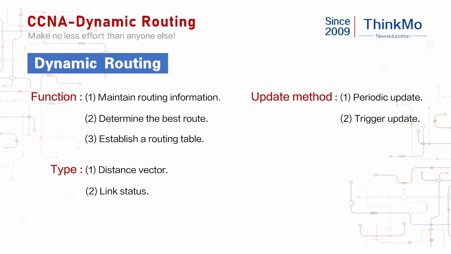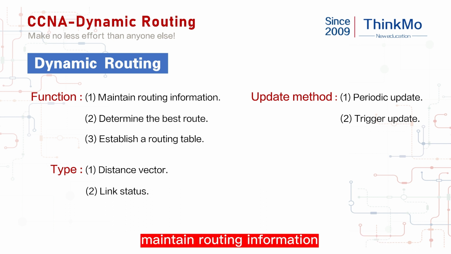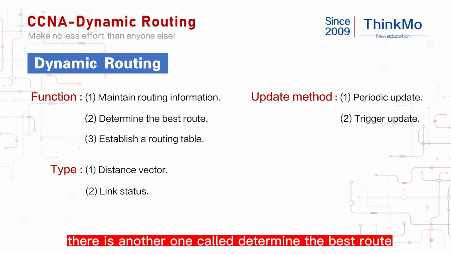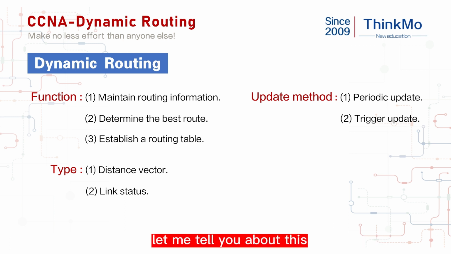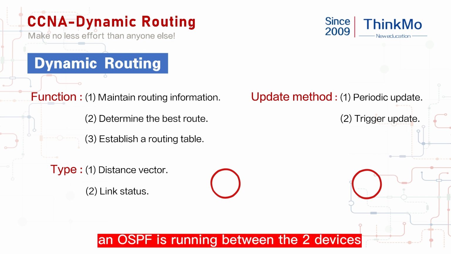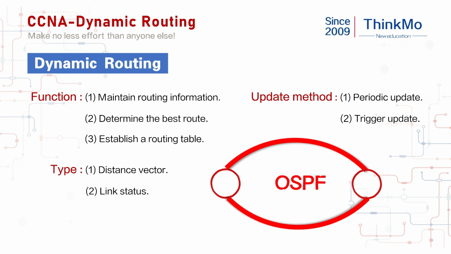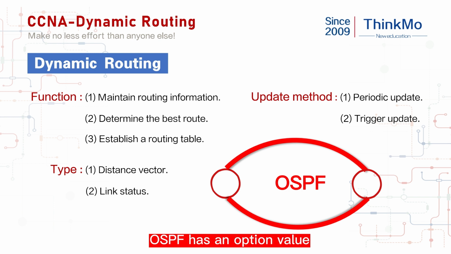Let's go on. Routing protocols have some corresponding features. Maintain routing information is just updates and maintenance in the later period. Another is determine the best route. Let me tell you about this. There are now 2 devices running OSPF between them. Suppose there are 2 paths to go. OSPF has a metric value. What exactly is the best route?